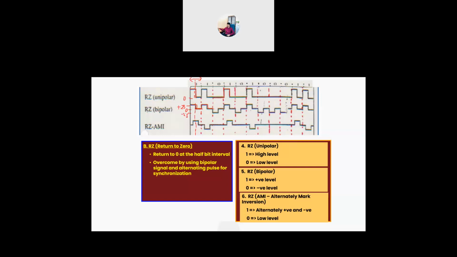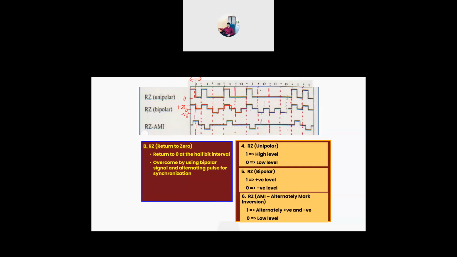Then for bit 0, we're going to go to the negative level and then return to 0. Then 1, return to 0, and then 0, go to the negative level and return to 0 again. Then for the RZ alternate mark inversion, we alternate positive and negative for 1, and the low level for 0.